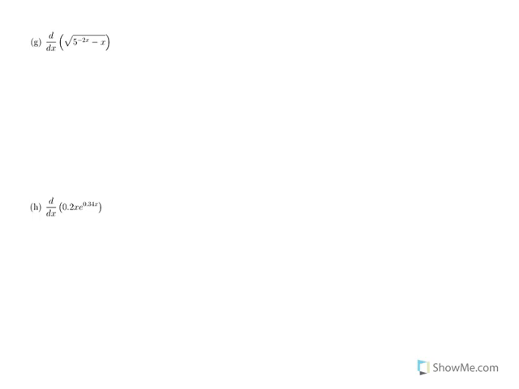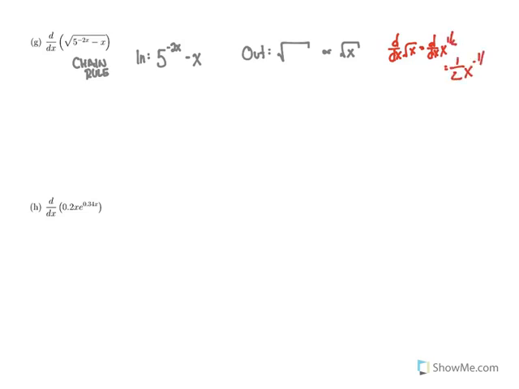So as a whole, we have function composition here, and the inside function is the entire 5 to the negative 2x minus x, and it is inside of square root of something, or square root of x. And we know that the derivative of square root of x, which is the derivative of x to the 1/2 power, is 1/2 x to the negative 1/2.